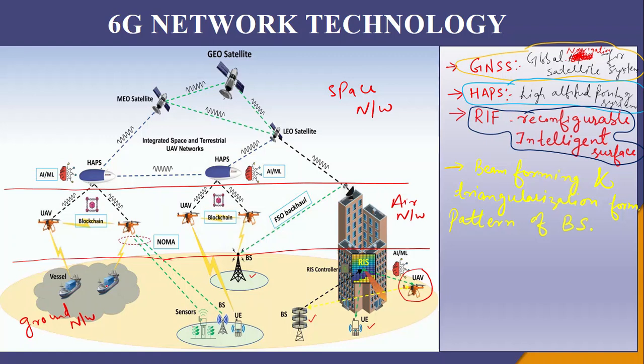Here the vessels also have sensors or internet connectivity with the help of these flying base stations, receiving from the air network. So let's move to the next network, the air network.